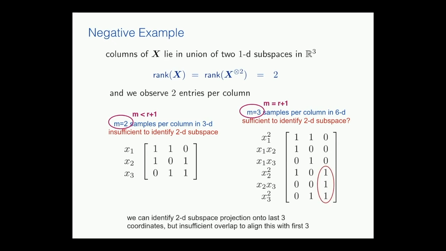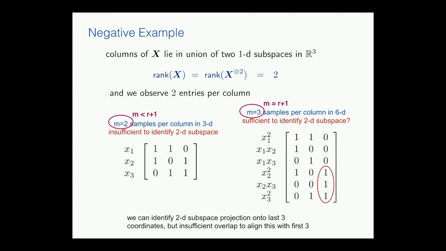The problem is that you can see it right here. If you look at this third column, imagine I get a lot of data where I'm observing on the last 3 coordinates. That's that particular sampling pattern that can come up in this situation. I could use those last 3 coordinates and many observations of those to learn the projection of that full subspace onto the last 3 coordinates.